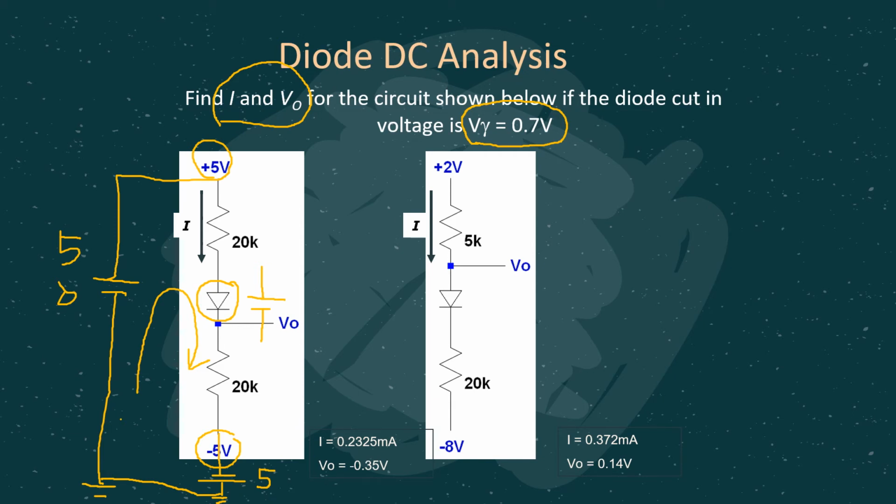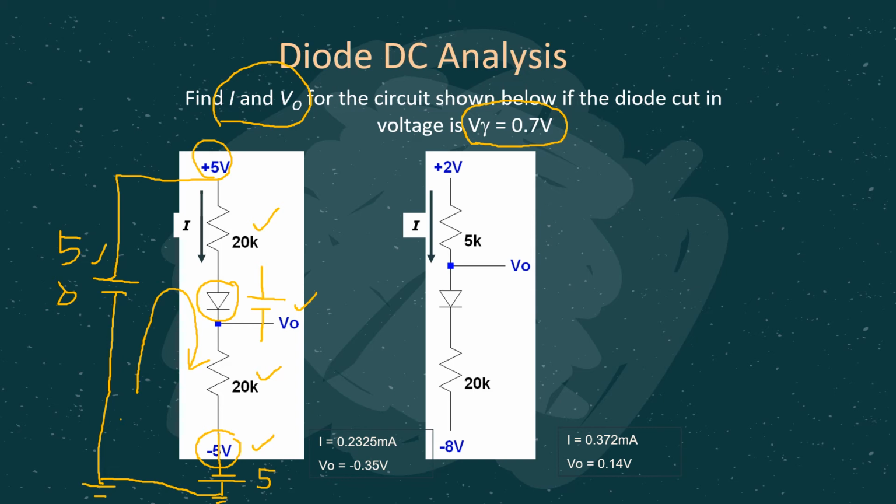I repeat, negative 5 and plus I times 20k, because of the voltage drop across this resistor, plus V gamma, which is 0.7 volt, plus I times 20k, which is the voltage drop across this resistor, minus 5, which is the voltage here, equals 0. If you solve for this, you are going to get the I value, the current.